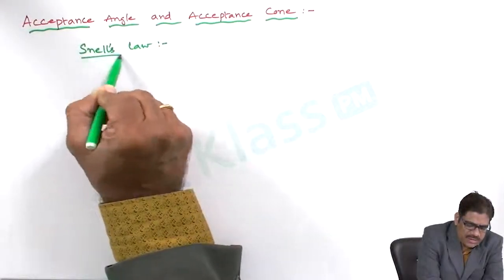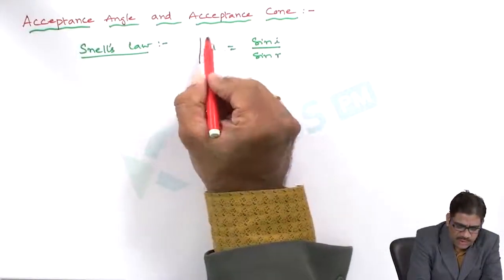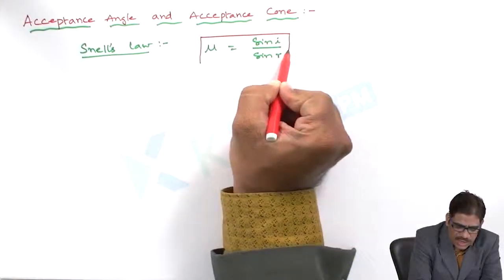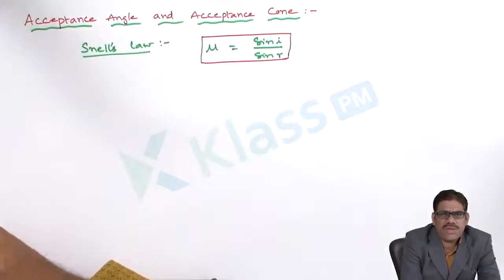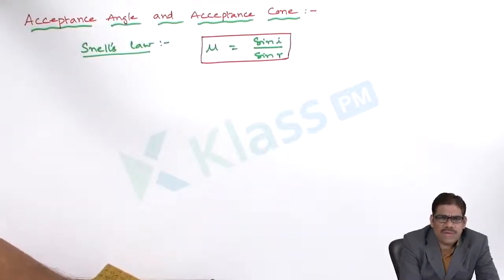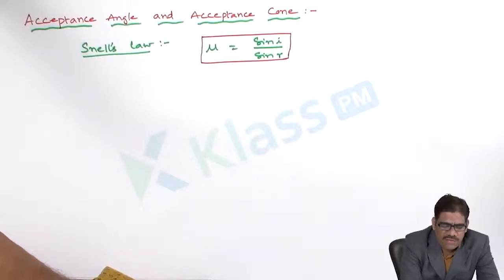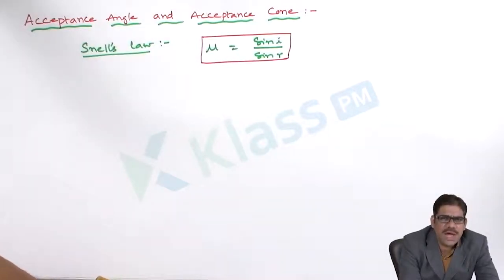Snell's law is given by mu is equal to sin I by sin R. So let us define this one now. The sine of angle of incidence to the sine of angle of refraction. So based on Snell's law, we give the condition as mu is equal to sin I by sin R. I is the angle of incidence, R is called the angle of refraction.